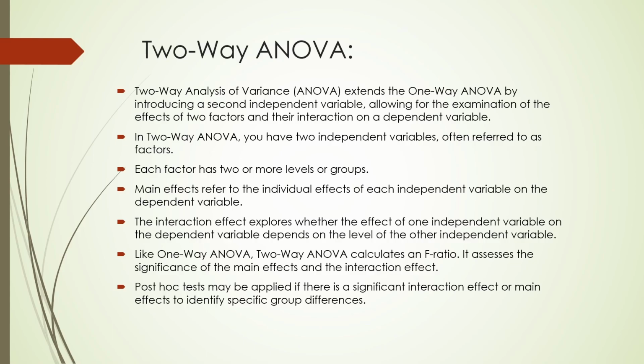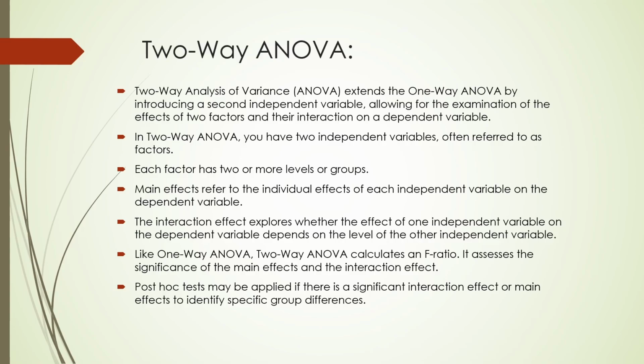Okay, and two-way ANOVA extends one-way ANOVA by introducing a second independent variable, allowing for the examination of the effect of two factors and their interaction on a dependent variable. You will have two independent variables, often referred to as factors. Each factor has two or more levels of groups. The main effect refers to the individual effect of each independent variable on the dependent variable.